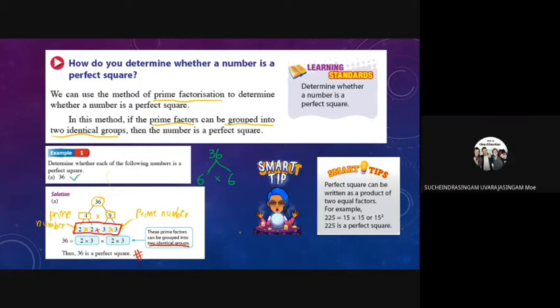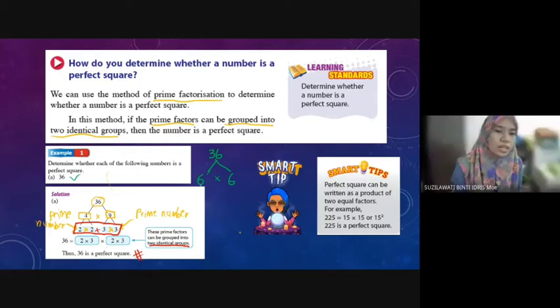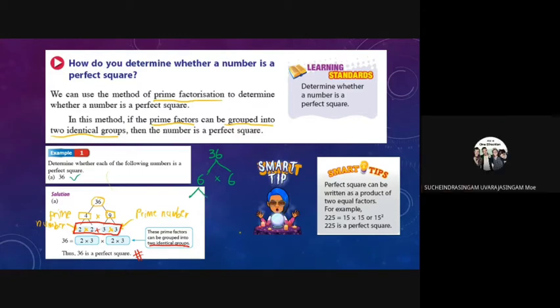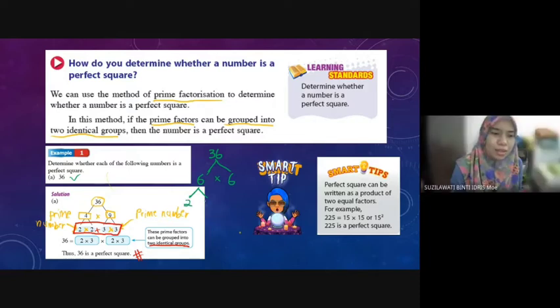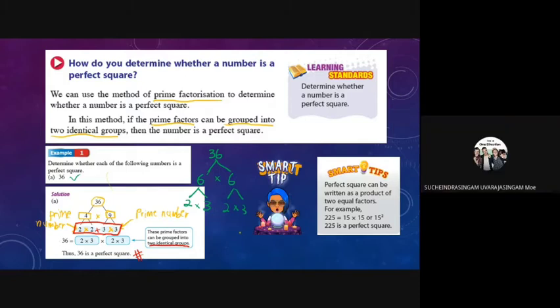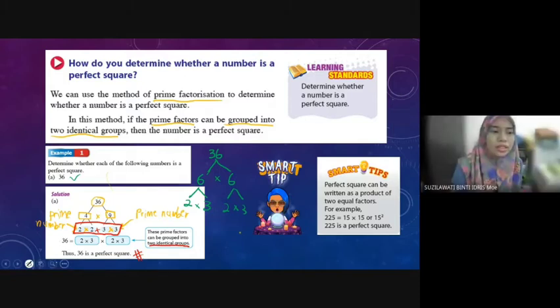Betul? Yes. Okay, correct. Now, we need to solve this one. What numbers can be multiplied to get 6? 2 and 3. Yes, 2 multiplied by 3 gives you 6. And this one, same as well, 2 multiplied by 3. You see? You already get this pattern, 2 identical groups.